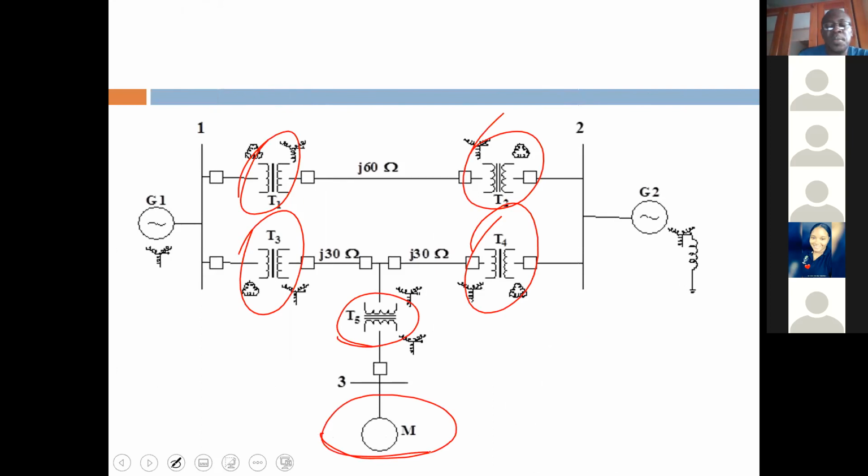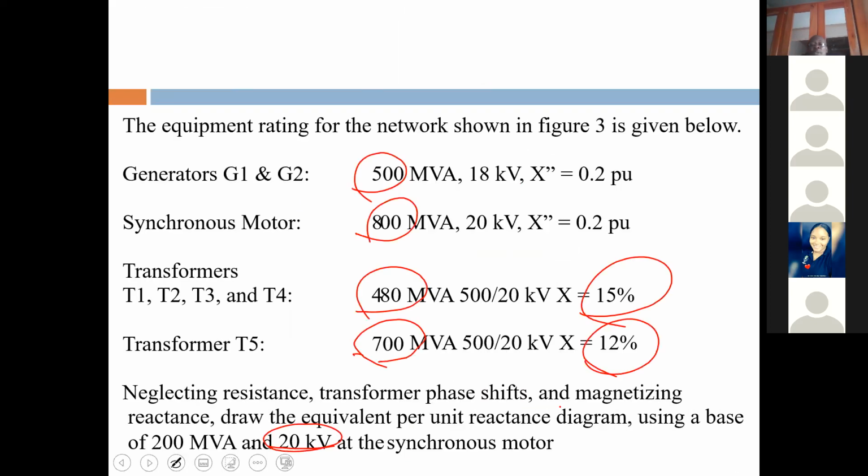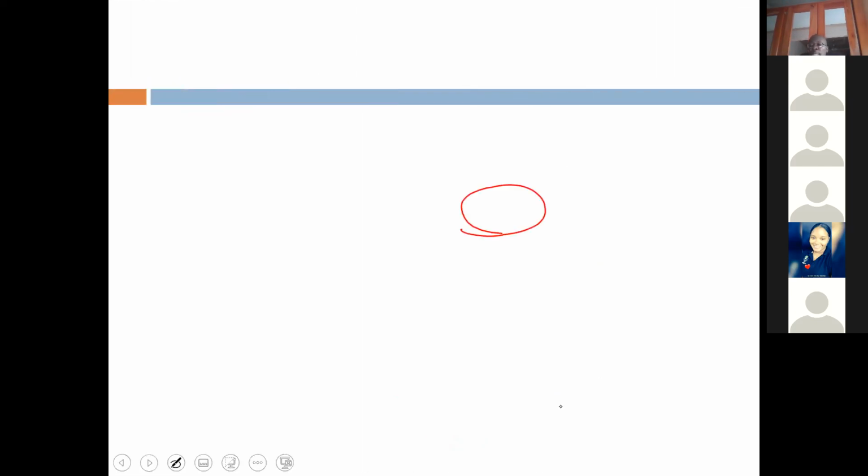So here's the motor. So the base kV is 20 kV at that point. It means that you now have to expand in terms of going across transformers and noting the base voltages.